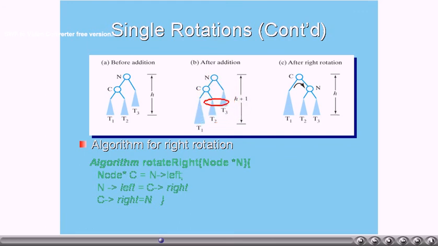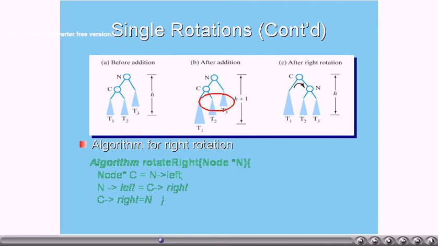Now, let us assume that we have inserted a node to the left hand side of the node C. Thus, the left hand subtree height of the C becomes H plus 1. Right hand is H, whereas the root node's right hand is H minus 1.